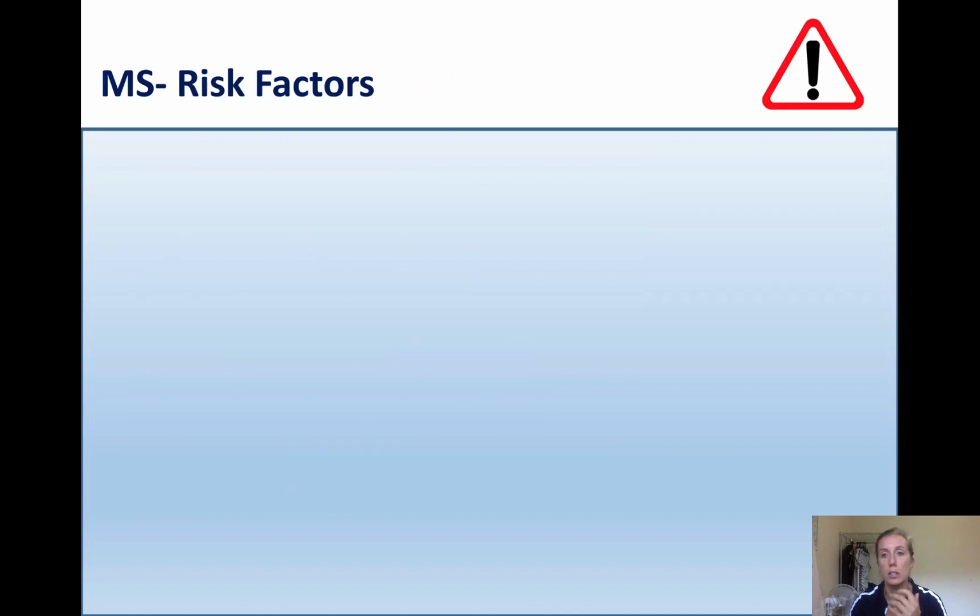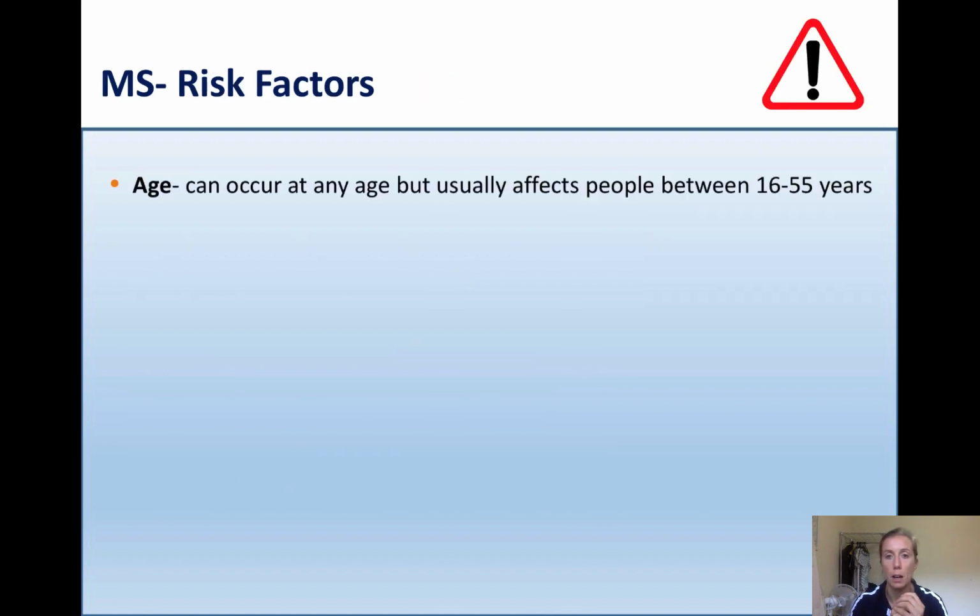So what are some risk factors for MS? I won't put too much emphasis on age, because there's not a definite small age bracket where your risk is particularly heightened. MS can occur at any age, but it usually affects people between 16 and 55 years. As we said, a diagnosis is more common between the 20 to 40 year age bracket.